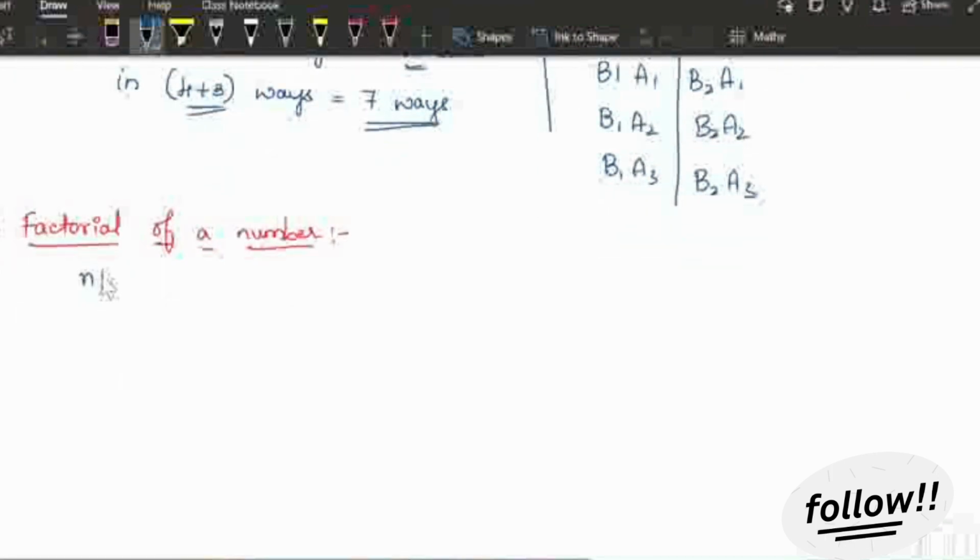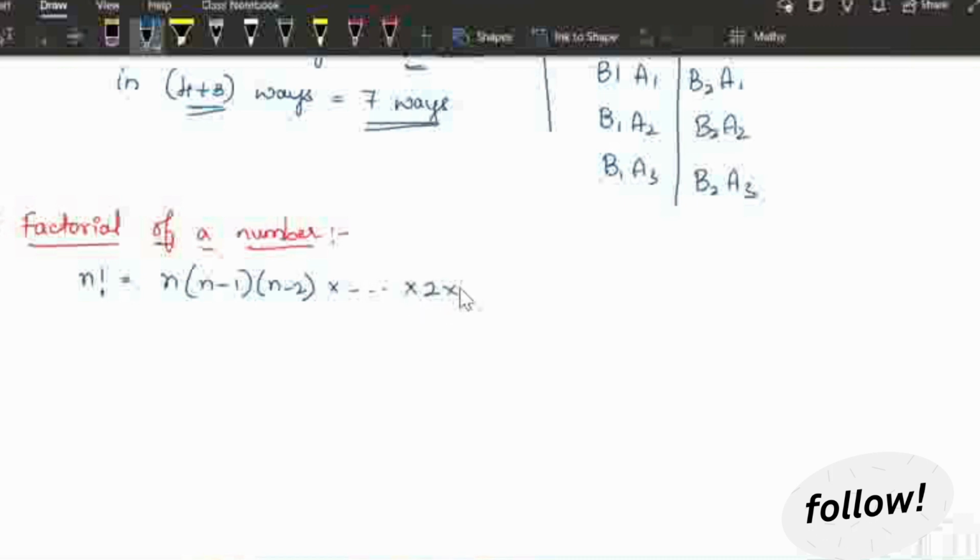We express it as n factorial, which is equal to n into n minus 1 into n minus 2 up to 1. It is product of all numbers from n to 1 or 1 to n. That is factorial of a number.